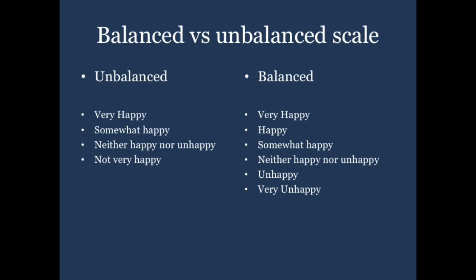The opposite of very happy is very unhappy. And there are two response categories between the two opposites, right? If you look from the top, you have happy, somewhat happy, neither happy nor unhappy, and then unhappy. If you look from the bottom, you have four as well. So this item is balanced.